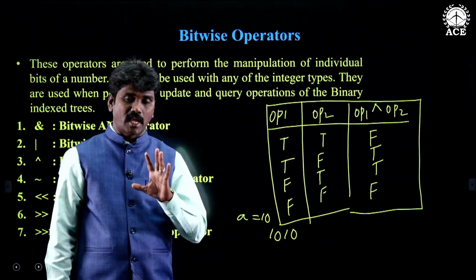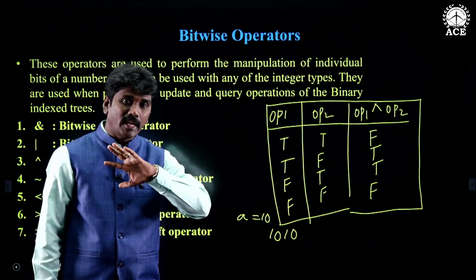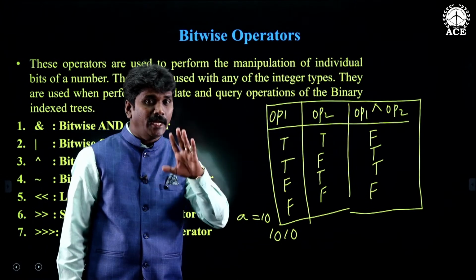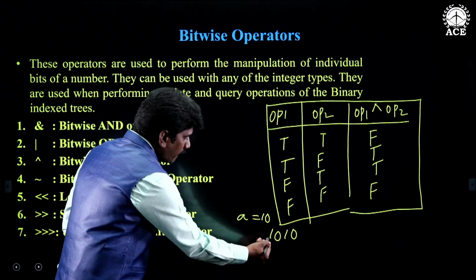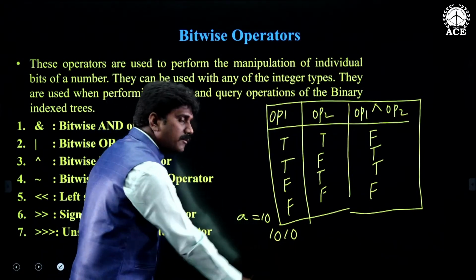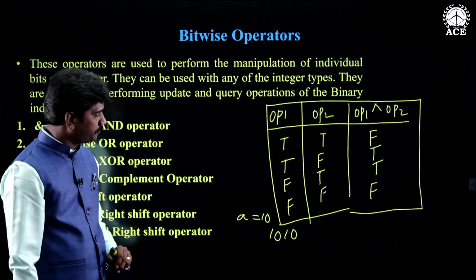The size of an integer is 4 bytes, and 4 bytes is 8 into 4, that is 32 bits. Among the 32 bits, I am showing just the 4 bits, 1010, and the remaining are all zeros.